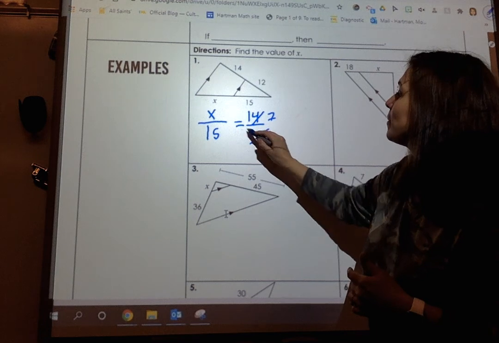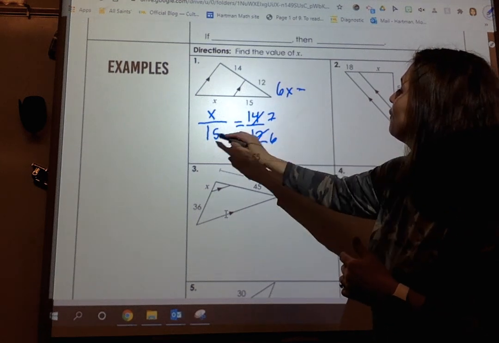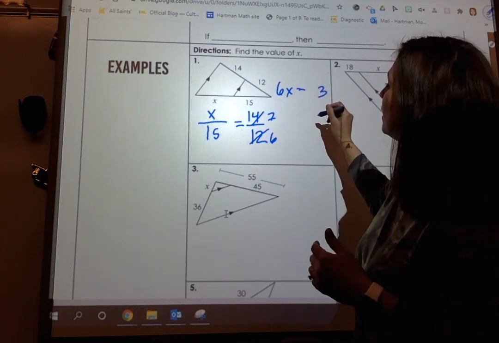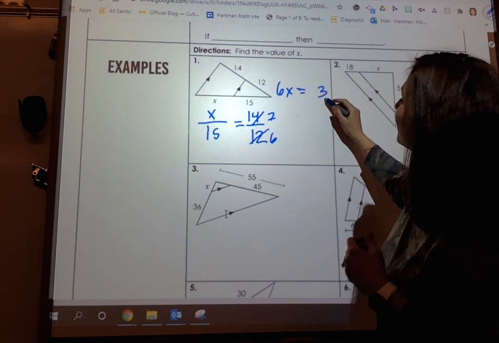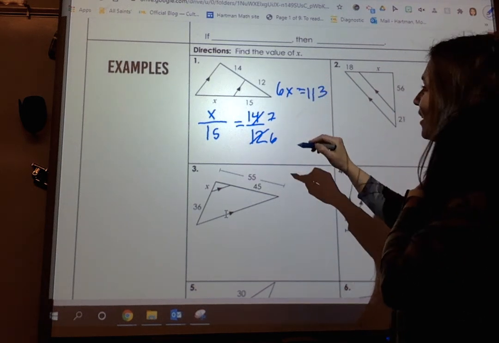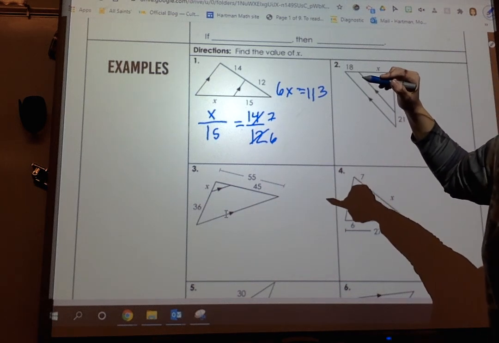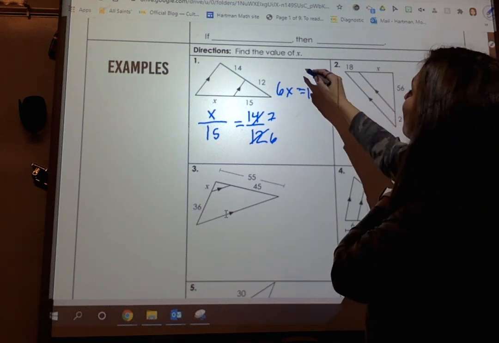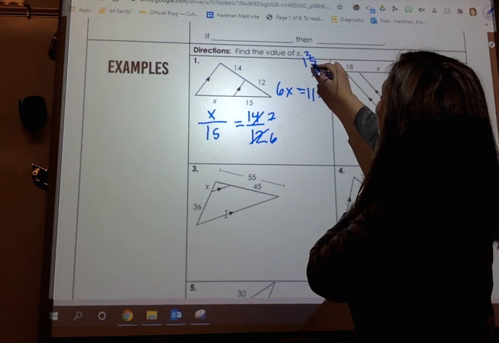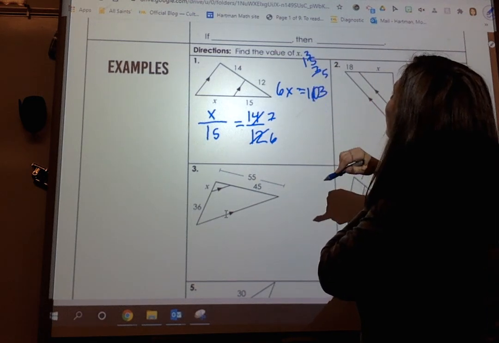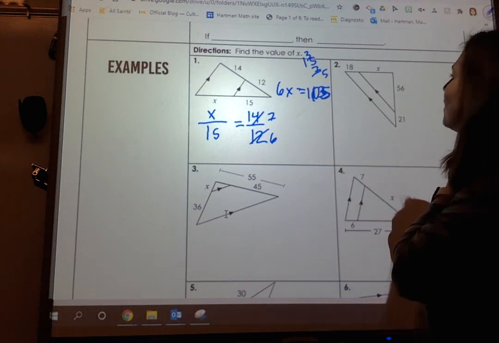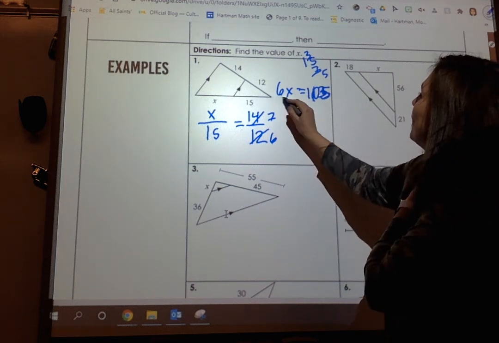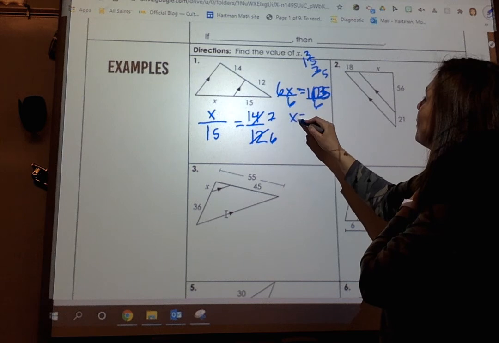So 6 times x is 6x. 15 times 7 is... sorry, I think that's 113. Golly, no, it's 105. I'm way messed up. 70 and 35 is 105. And then divide both sides by 6. Wow, that took me forever.